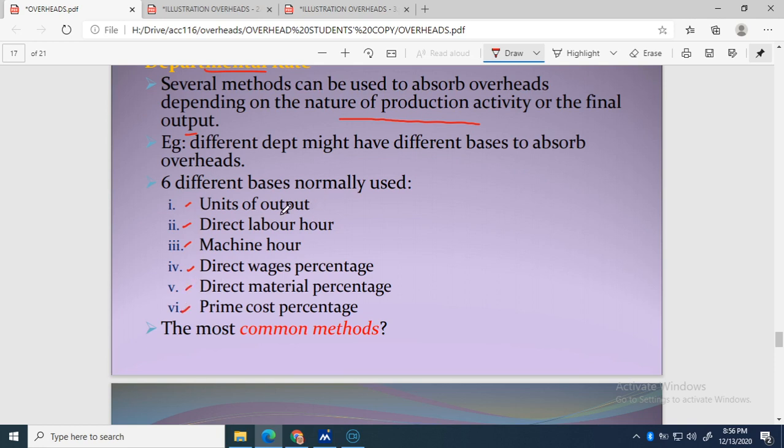In one department we can choose only one basis, so we have to choose the most appropriate basis. The most common method depends on the department. If the department uses more labor compared to machine, labor hours is more suitable. If the department uses more machine compared to labor, machine hours could be the appropriate basis.